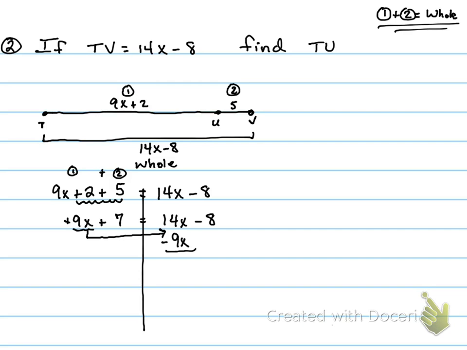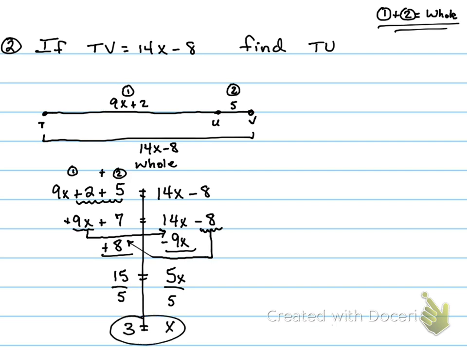So 14x minus 9x is 5x, and then my negative 8, to be like terms, needs to move over here with this 7, and that becomes a positive 8 when we do that. So in this case, you get 7 plus 8 is 15. Your last step is to divide by 5, and you get that x is equal to 3.